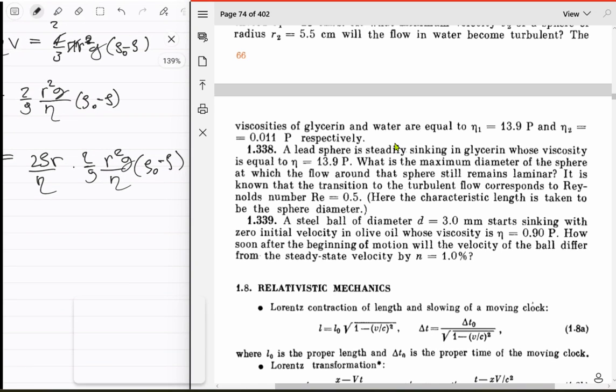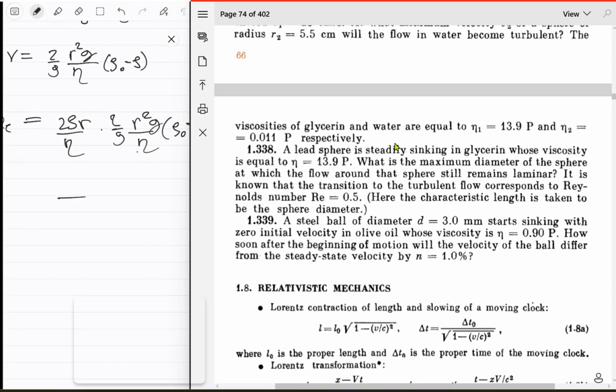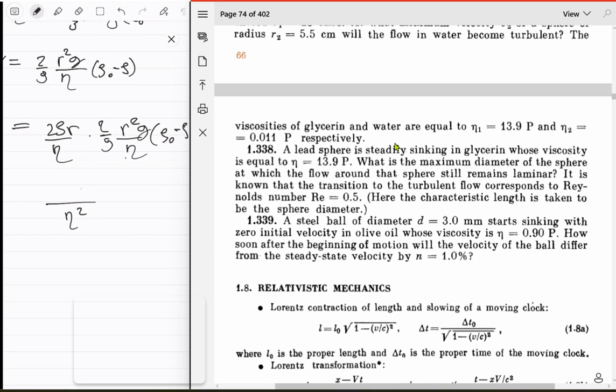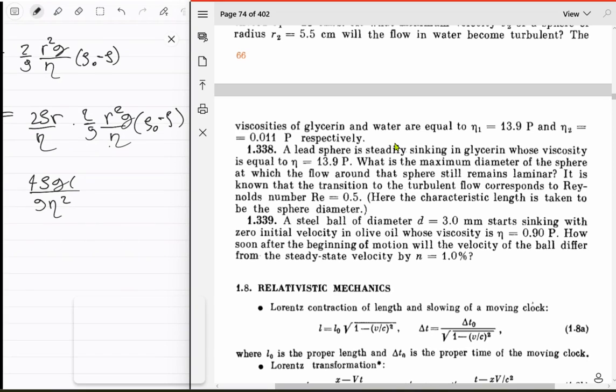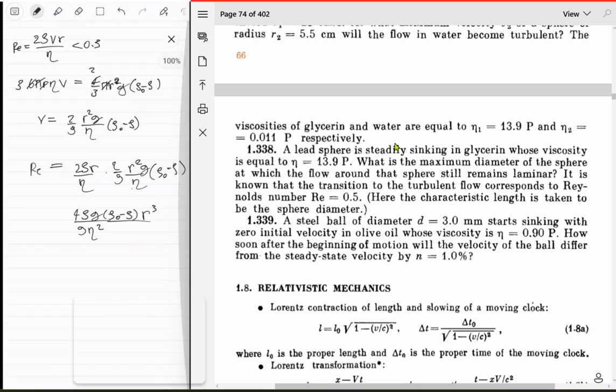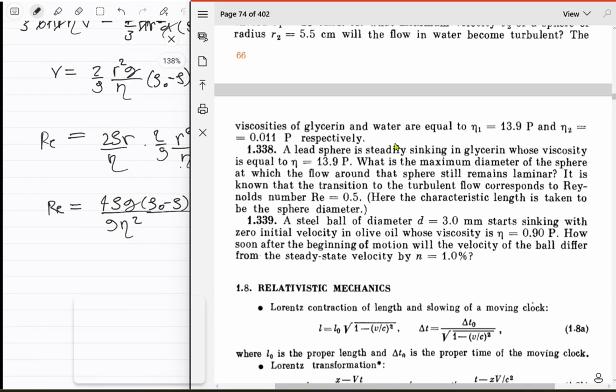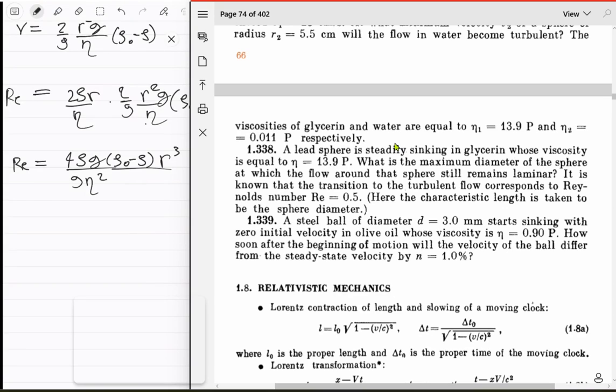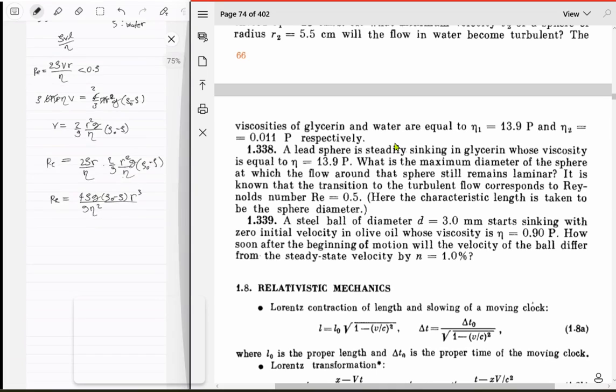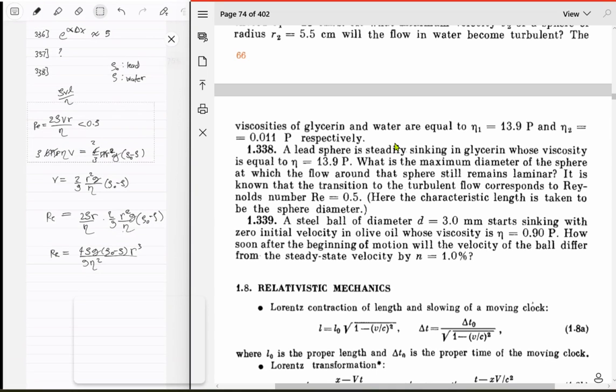So we just have eta squared inside, the square of 9 over there, you got 4 rho g, then you got rho naught minus rho, then you have r power 3. Yeah, that's your Reynolds number. Okay, and what do you want? You want when will this become 0.5, right? Okay, this is just really bad. Anyway, still some stuff.